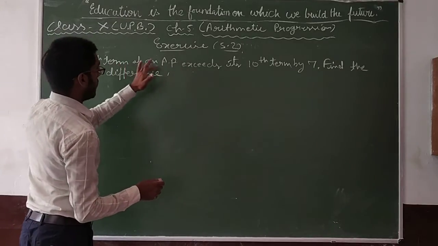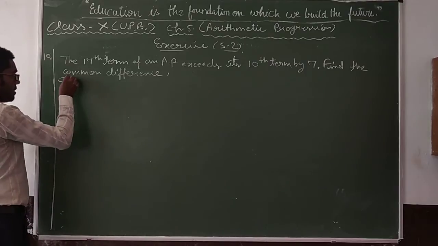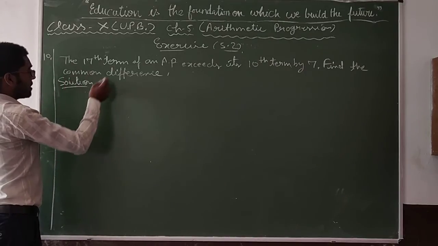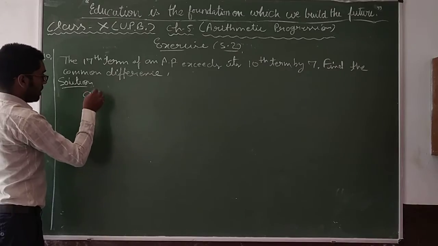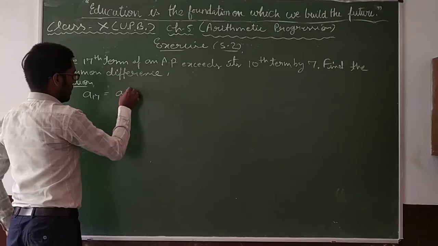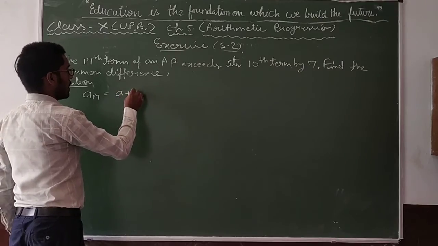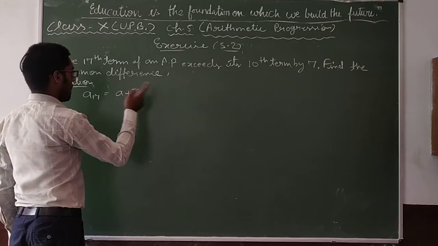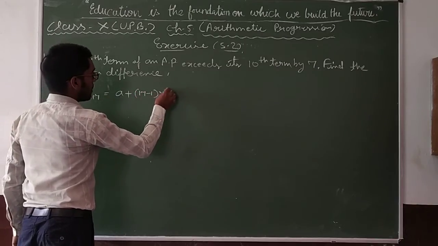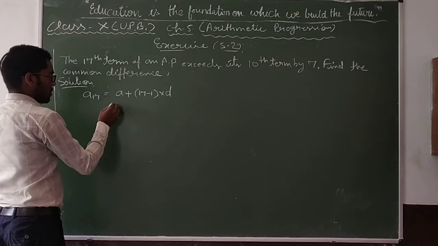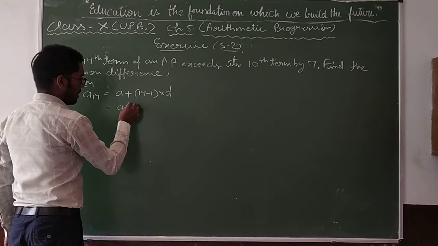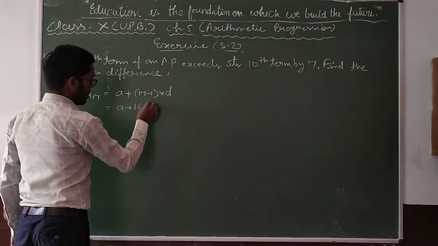For the solution, the 17th term is a17. The 17th term of an AP is a plus n minus 1, and here the number of terms is 17, so 17 minus 1 into the common difference d. So here you have a plus 16d.